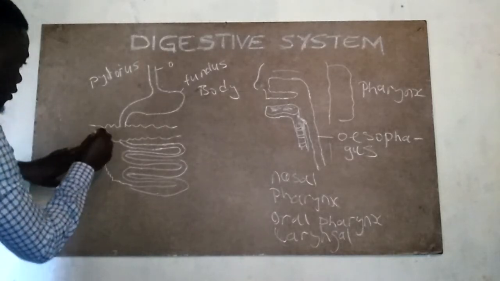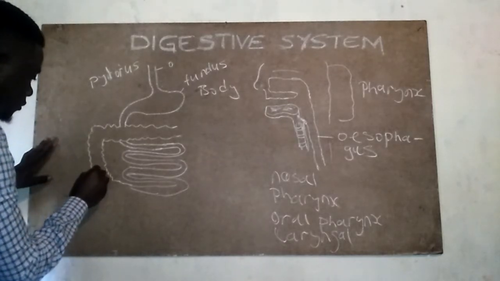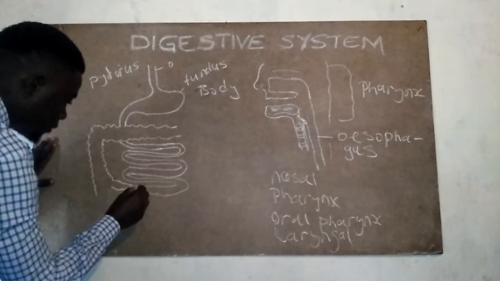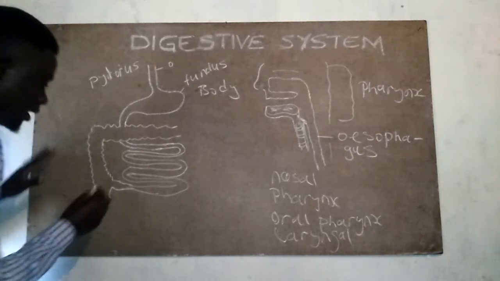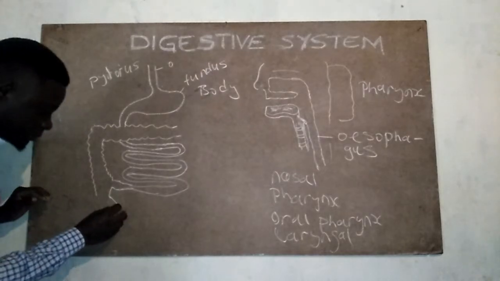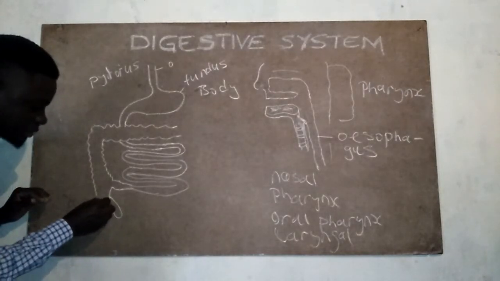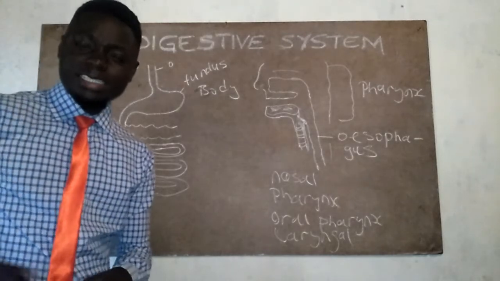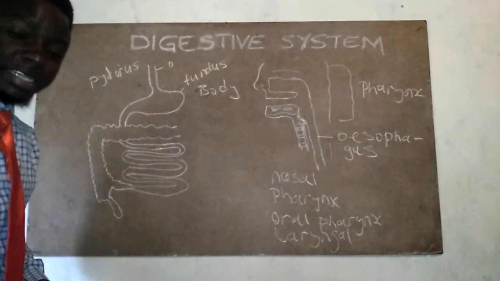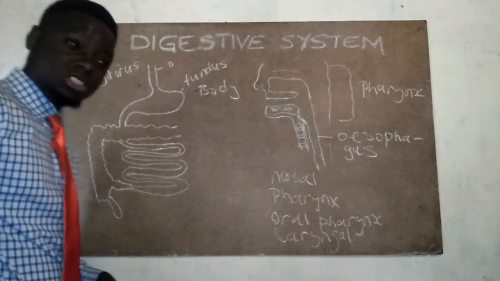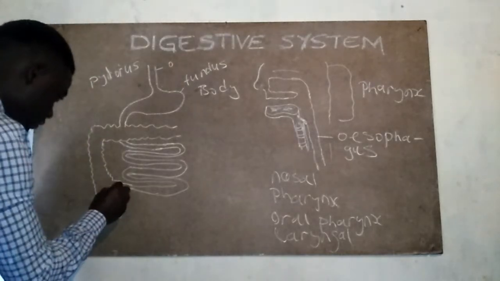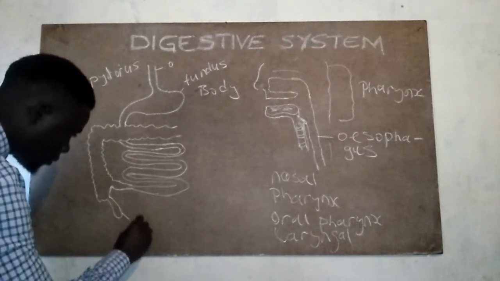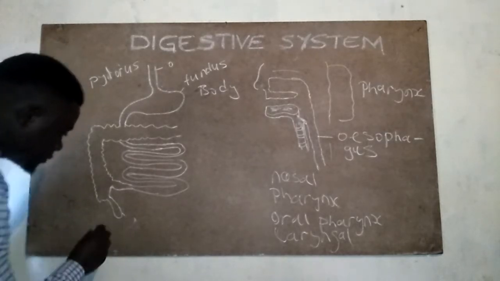So here is the cecum, and we notice that there is a blind-ended pouch just in the right iliac fossa here. And the blind-ended pouch is called the appendix.